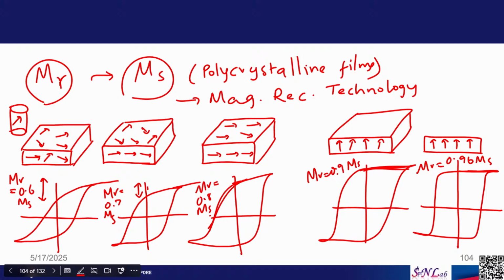Okay, if you look at the technology of longitudinal magnetic recording in the 1990s, for example, we can view the EZ direction from two different perspectives for the longitudinal sample.